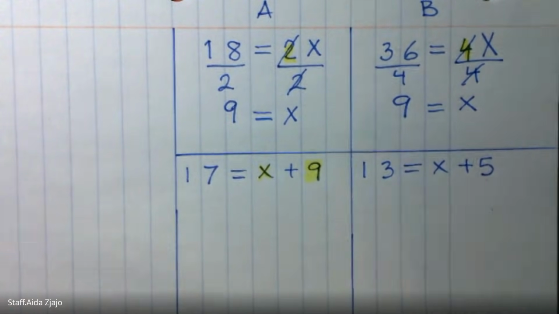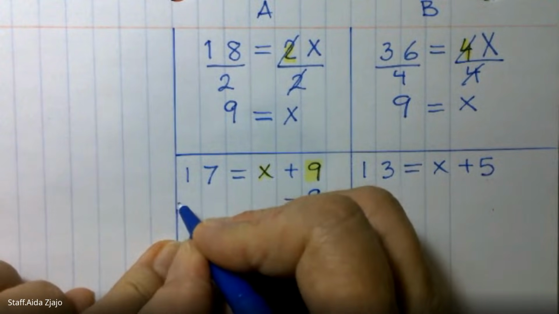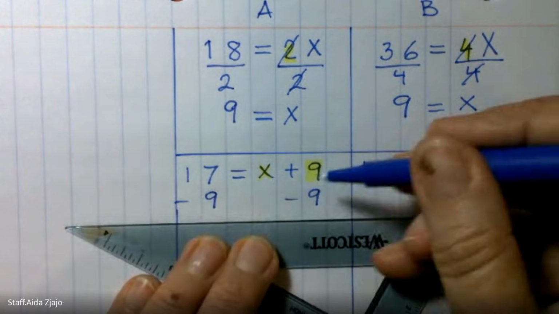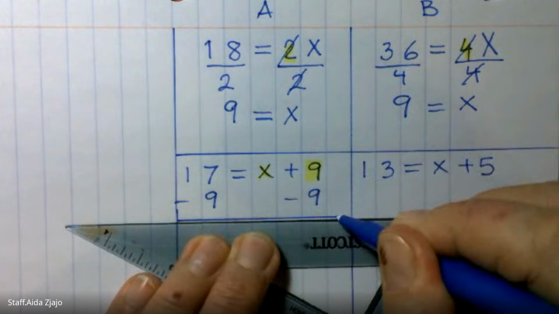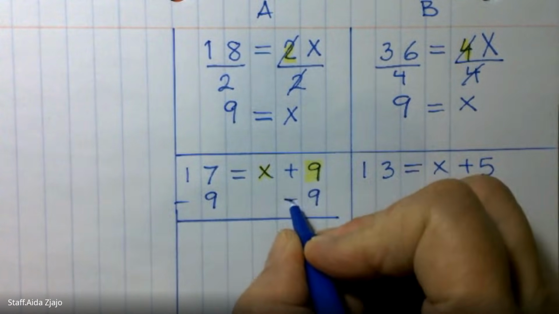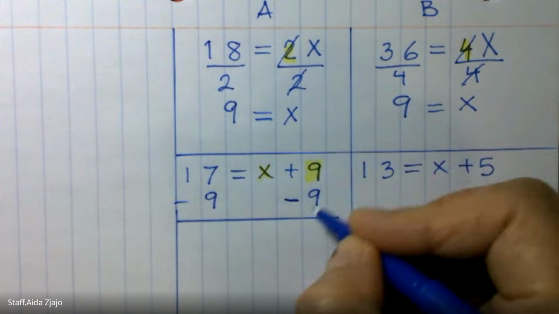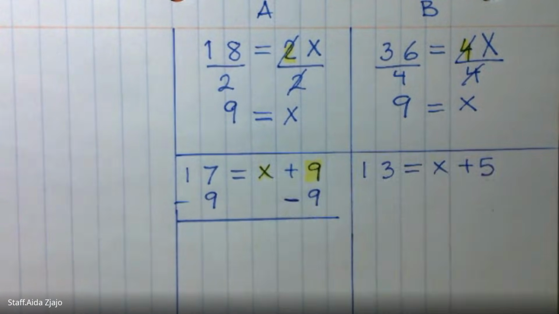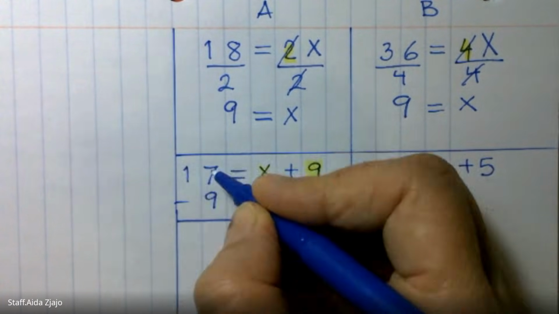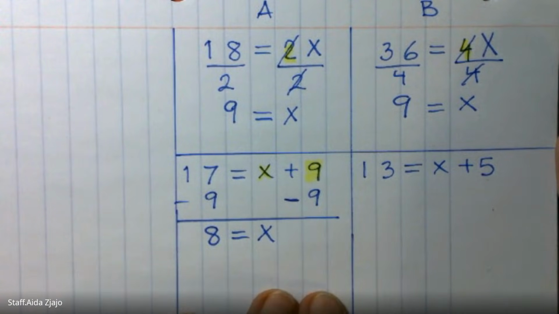If we subtract 9 from both sides, we will find the value of x. The positive 9 and negative 9 cancel each other, or 9 minus 9 is 0, and this will be x, and x is 17 minus 9, which is 8. So x is 8.